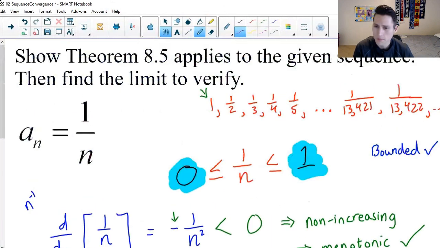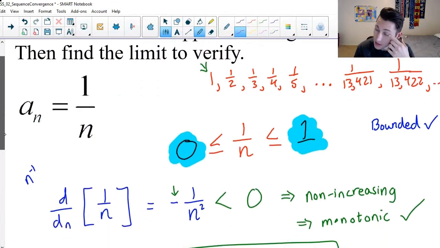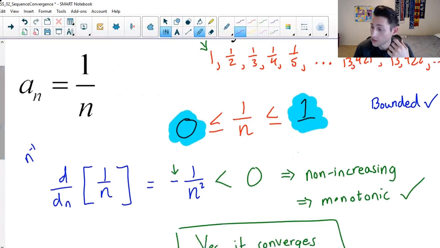So to use the theorem, you've got to use some intuition on the bounded part. You can test some numbers and see, but you just have to think: it should definitely be between these two numbers because of whatever reasons. Secondly, take the derivative and see if it will always be non-increasing or non-decreasing, depending on whether it's positive or negative.